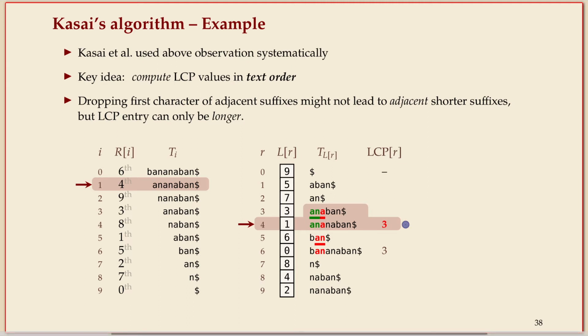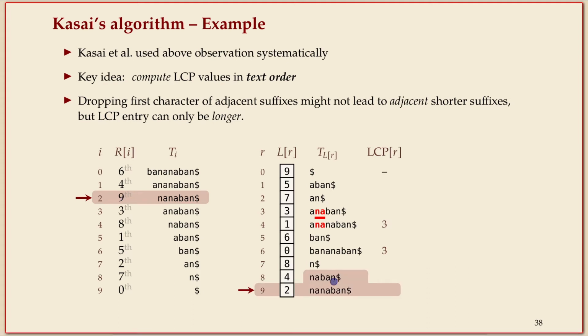Okay? Kind of see how this goes? Let's do one more. If we chop off another character, then we're at this position. The rank array says that occurs in position 9 in the sorted list. So that's where we go. We try to find their longest common prefix. And we know from before, we don't have to check the first 2 characters because they must be the same.